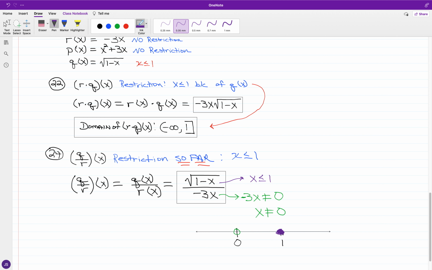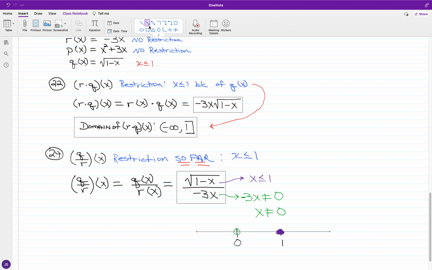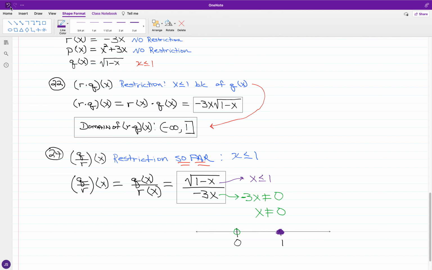And had it not been for the added restriction that x cannot be 0, I would have had a ray going continuously to the left. Had this been the only restriction, I'd be going non-stop out to the left.